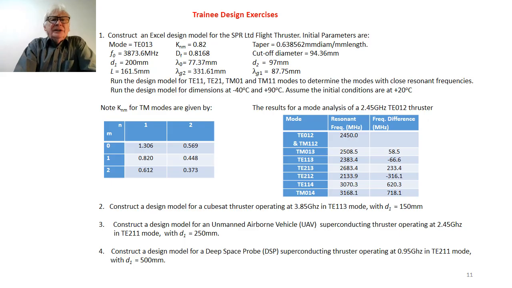Take those initial parameters, which I've reproduced here in paragraph 1 of this slide, and run the design model in TE013 mode until you get the results that are compatible with what the actual results were that we've already discussed.